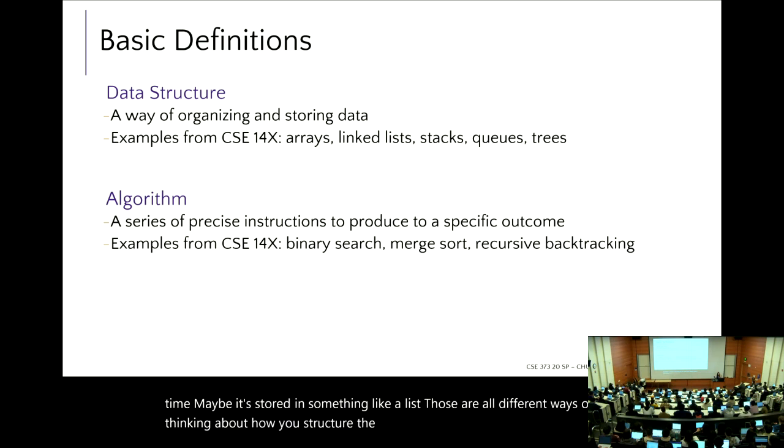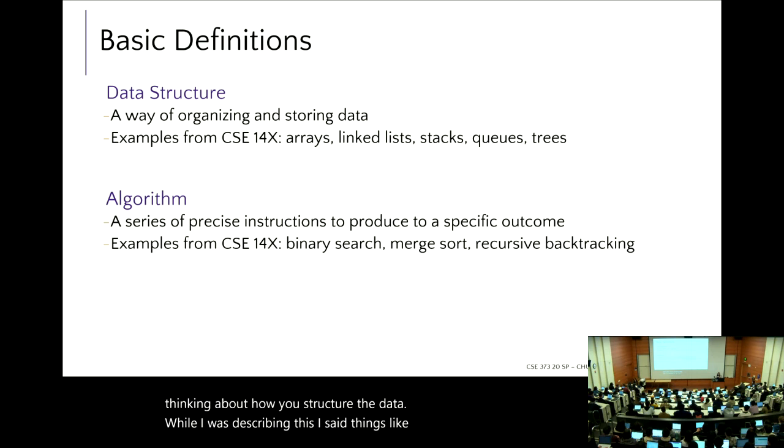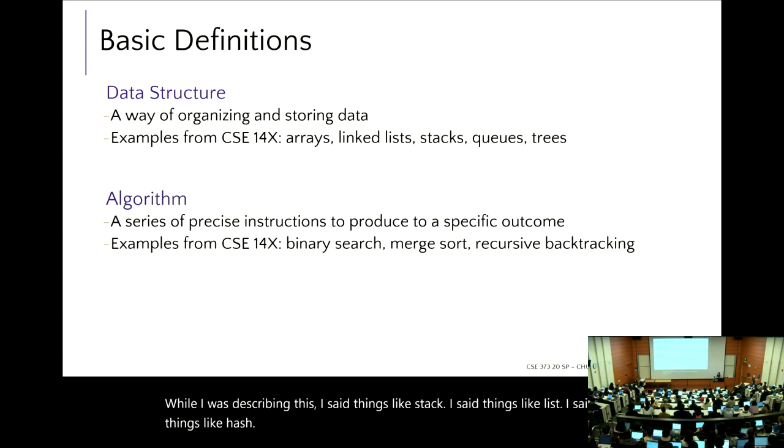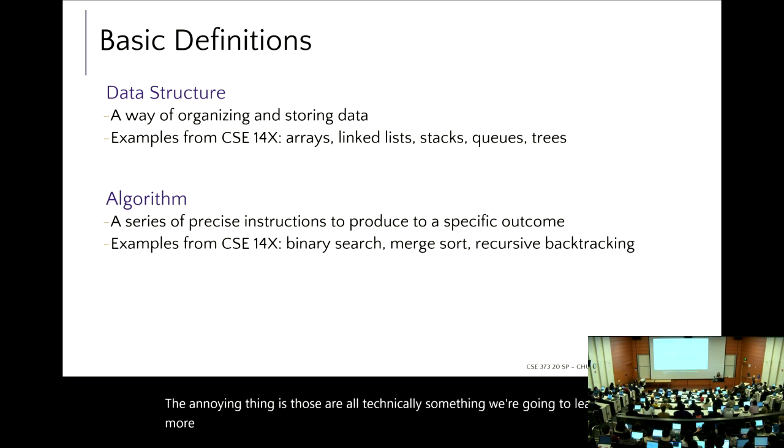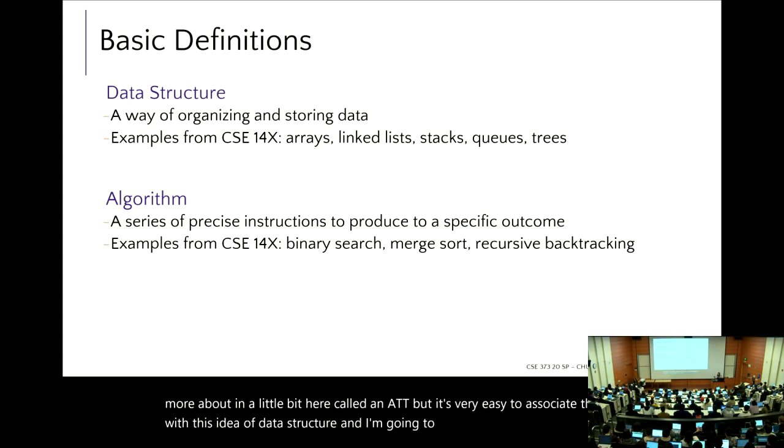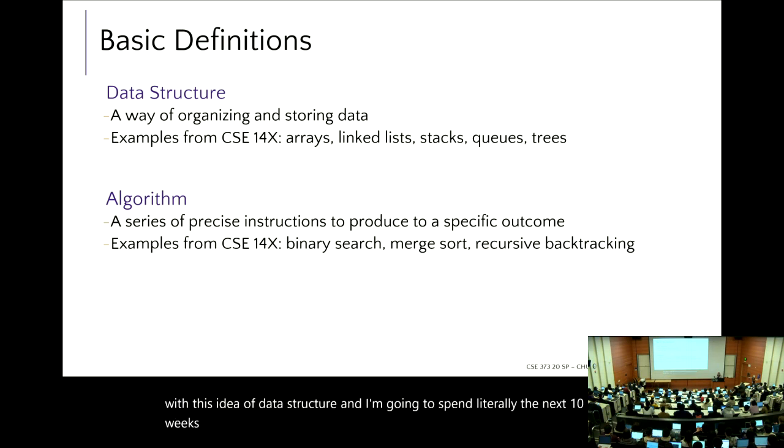While I was describing this, I said things like stack, list, and hash. The annoying thing is those are all technically something we're going to learn more about in a little bit called an ADT, but it's very easy to associate them with this idea of data structure. And I'm going to spend literally the next 10 weeks continually disambiguating these two ideas.